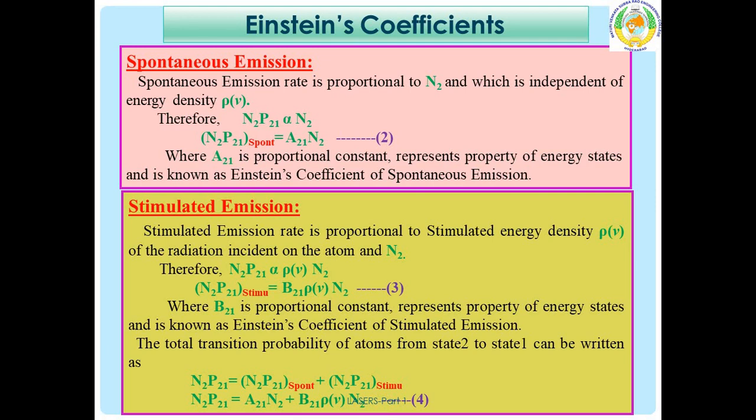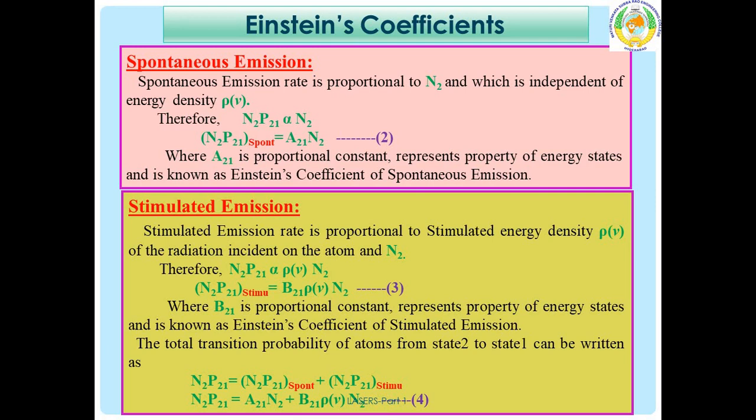If I remove the proportionality sign, N2 P21 stimulated should be equal to B21 rho nu N2. Here please remember, A21 is for spontaneous emission, and B21 is the proportionality constant representing the stimulated emission, and this proportionality constant is known as Einstein's coefficient of stimulated emission.